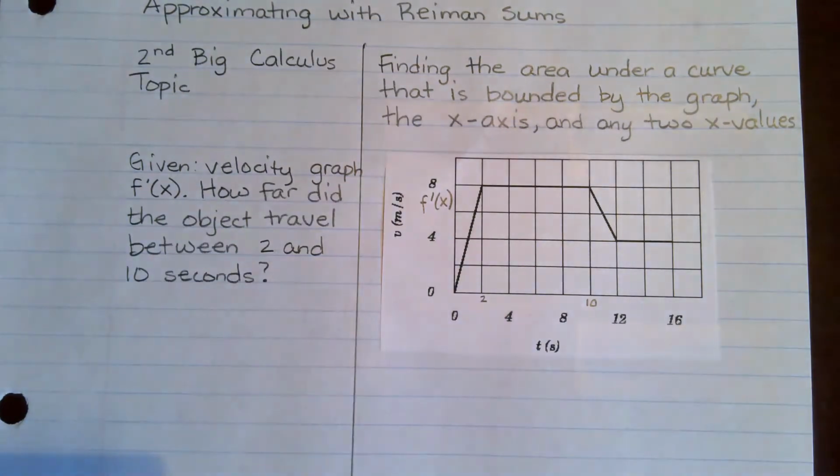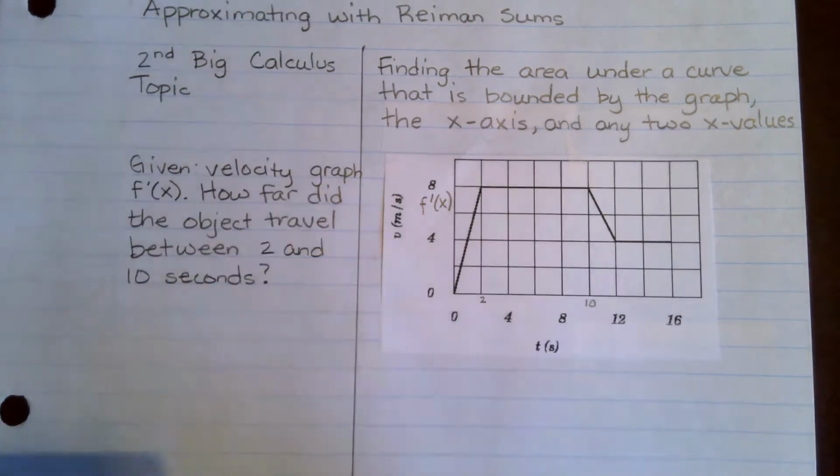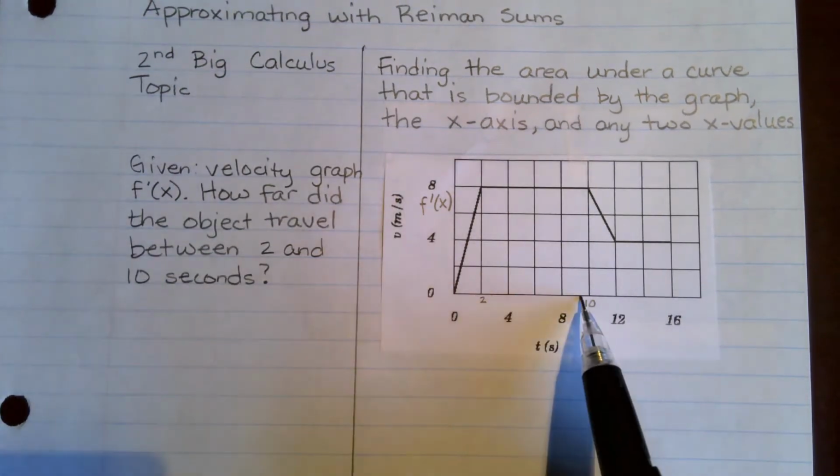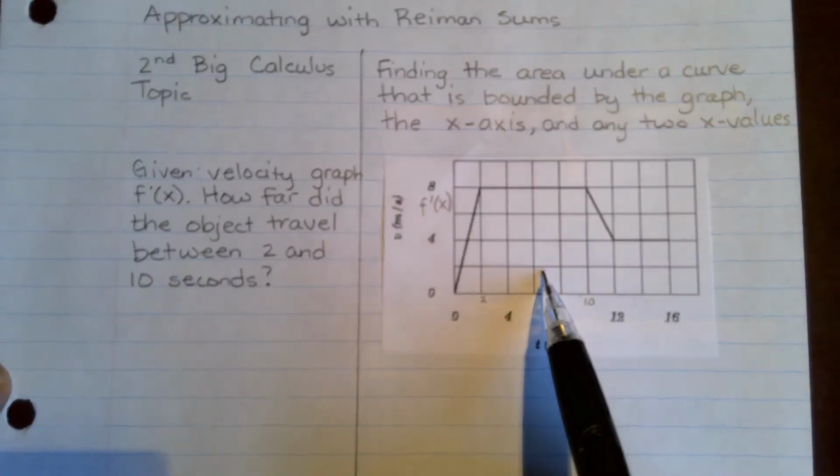Okay, this part was still a little iffy for a lot of kids when we were doing this. So I want you to think about how a velocity graph works. Notice that we have meters per second, and down here we have seconds. If we want to find the distance that it traveled, we would look at the area under this graph.